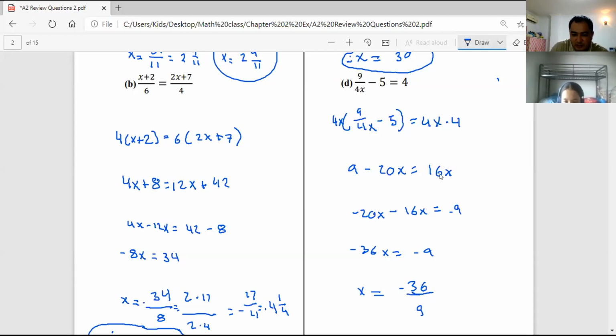I should put here minus 36 and also put here minus 36. So minus 36 on x equals negative 9.